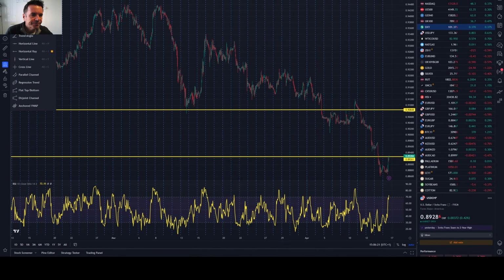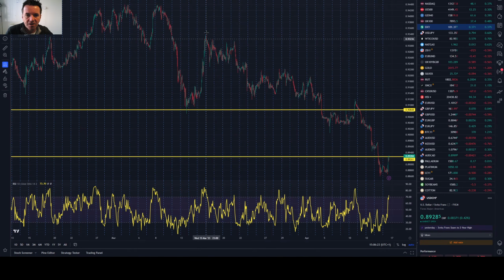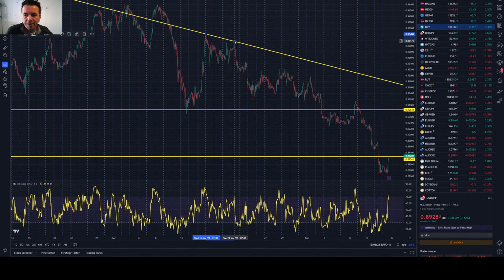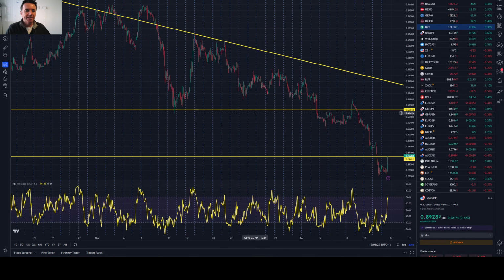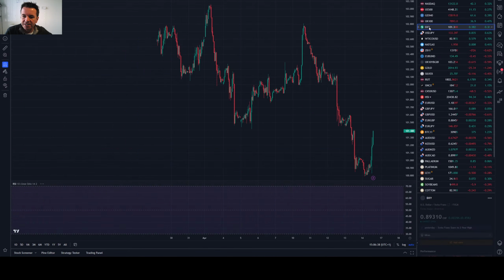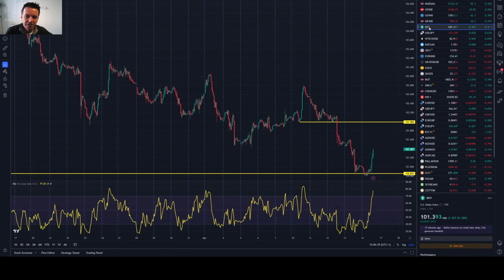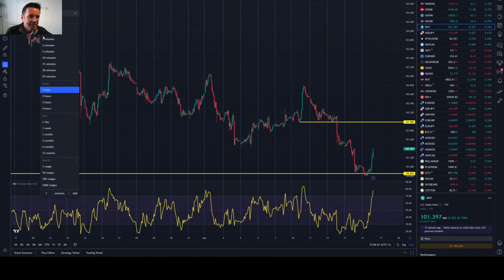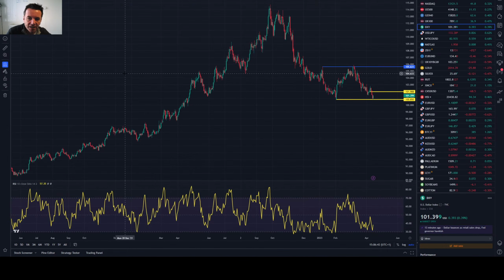So yes, perhaps it is a bit oversold. Perhaps we're going to get a bounce, but I'd be a seller into a bounce would be my position at the moment. Because if you look at the dollar index, similar sort of moves, isn't it? Similar moves in both of those.